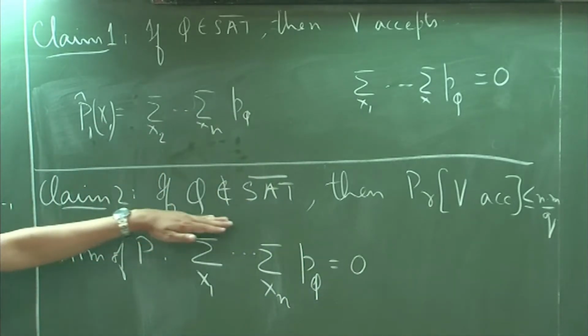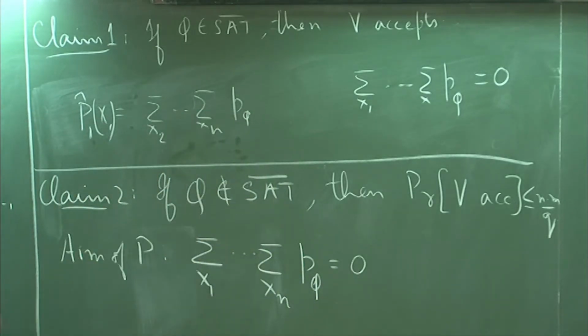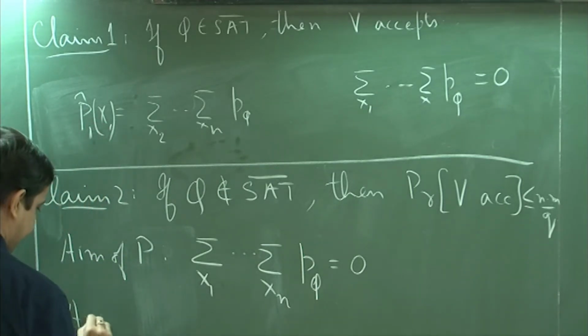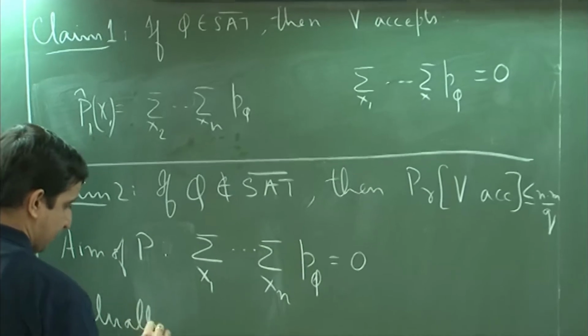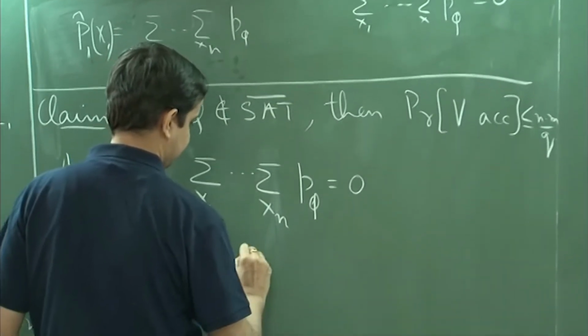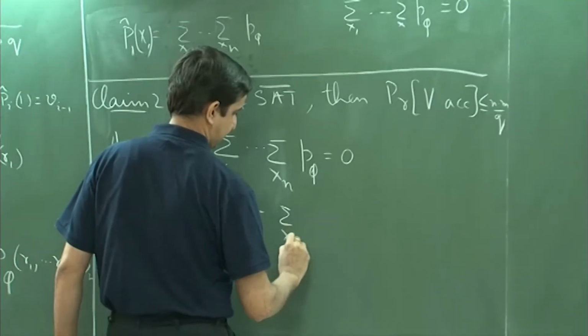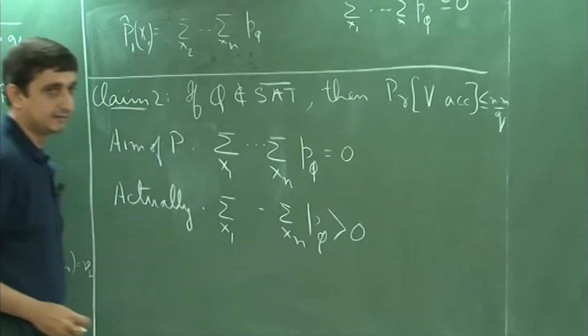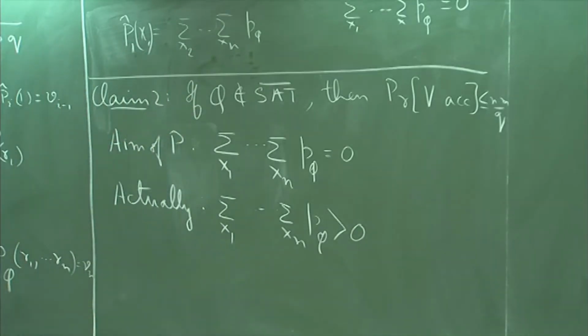But in the case when phi is satisfiable, what we actually have is that this sum is strictly greater than 0. So, somewhere we expect the prover to falter. Okay. So, let us look at the proof.